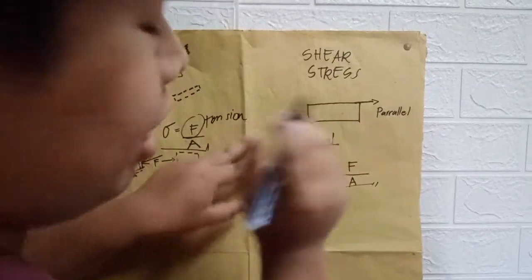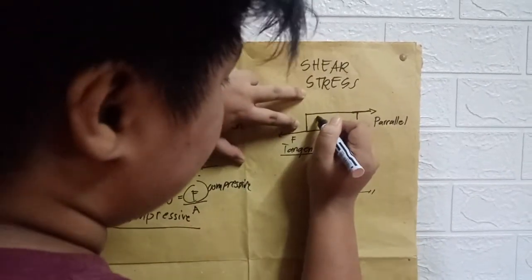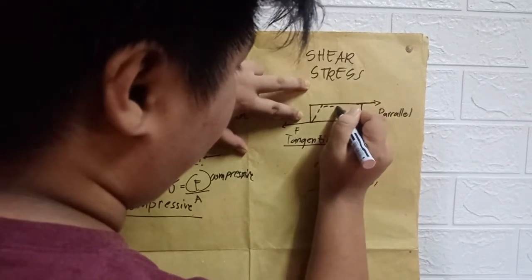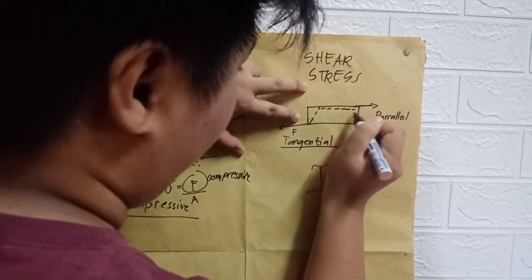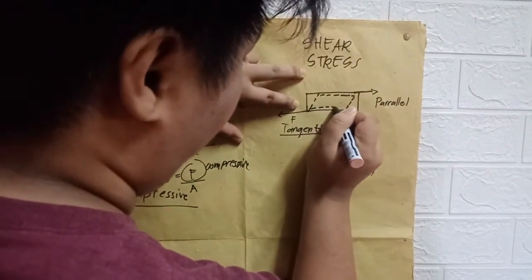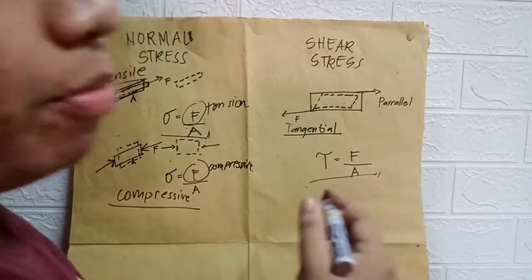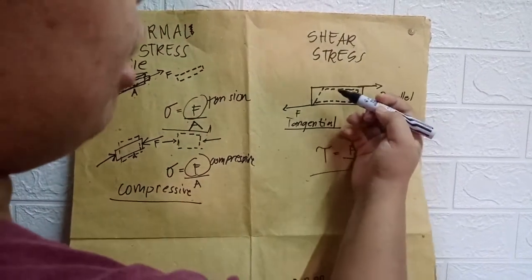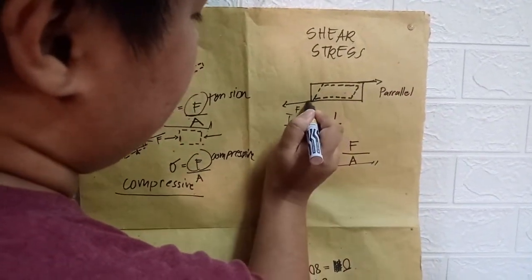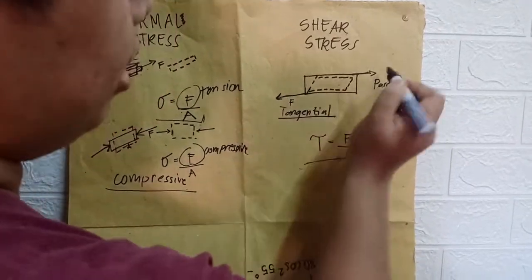It will form like this. It will form into the shape of a parallelogram because the forces acting on the object are parallel.